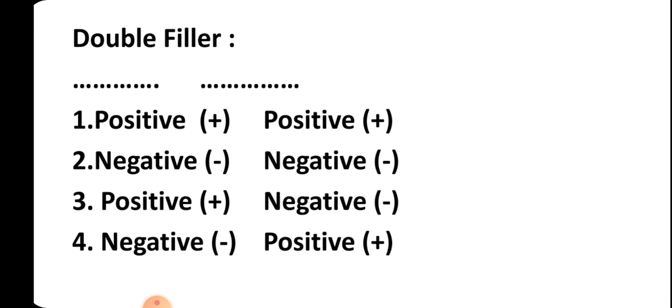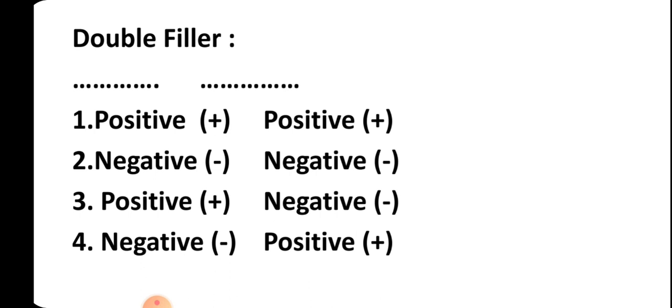One blank may require a positive word and the other a negative word to complete the sentence, and the last one is a negative and positive combination. So there are four different possibilities when you try to solve double fillers: positive plus positive, negative plus negative, positive and negative, and negative and positive. You need to keep this in mind, because this technique will help you eliminate a few option choices.